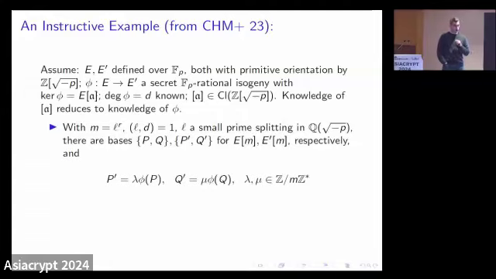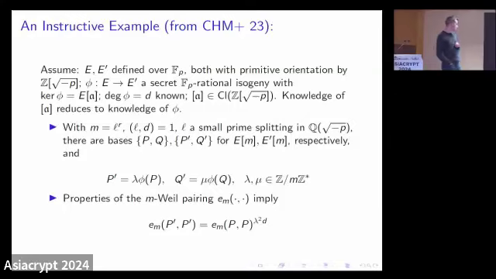So if we then take some small prime l, and take some potentially large power of it, M, provided that l is coprime to the degree of the isogeny, and that it splits in K, then we have this relationship between bases for this M-torsion. Right? So under the isogeny phi, we know that phi sends P to some scalar multiple of P', and similarly with Q.